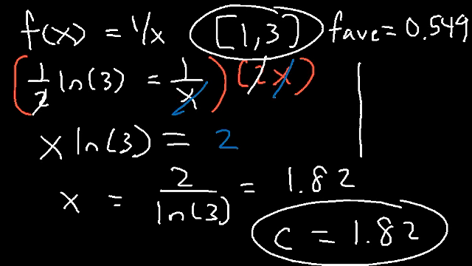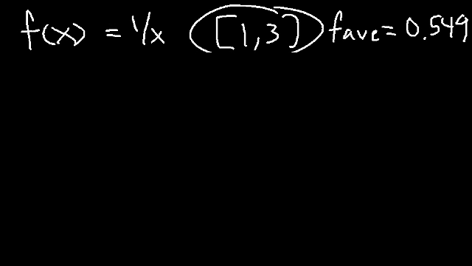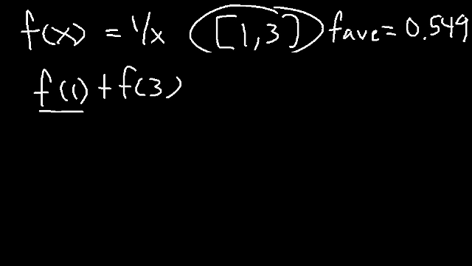Now, for the function 1 over x, it's a decreasing function that looks like this. Let's compare the average y value of the function and the average of f of a and f of b. So let's average f of 1 and f of 3. F of 1 is basically 1 over 1.